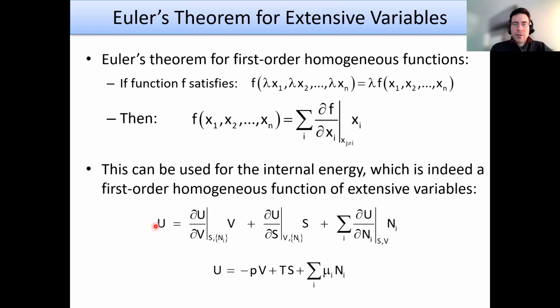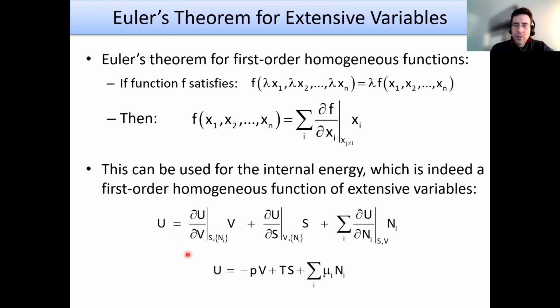So let's try to apply it for the internal energy. If we apply it, we get that U, the internal energy, because it's a first order homogeneous function of extensive variables, can be written as dU/dV with everything else constant times the volume, plus dU/dS times the entropy, plus the sum of dU/dNi times Ni, and we sum over all the species that we have in the system.